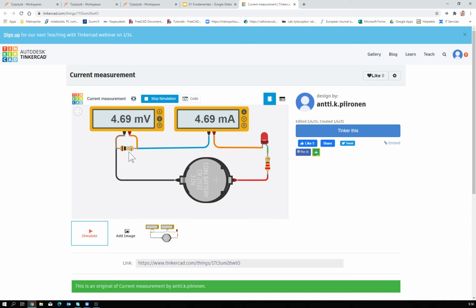Practically here I have a 1 ohm resistor, which means the current which flows here is 4.69 milliamps, and with 1 ohm, it means the voltage is 4.69 millivolts. This current meter just has that 1 ohm resistor inside, or whatever shunt resistor there is, and then calculates the result.